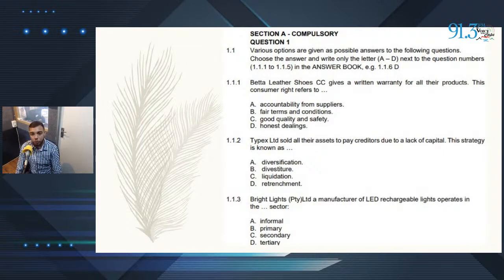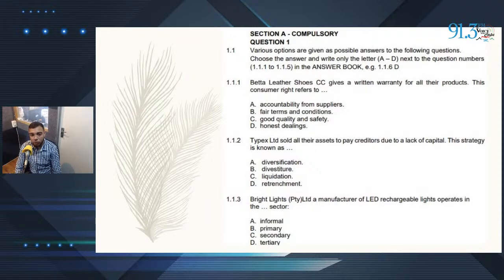So 1.1.2, Typex Ltd sold all the assets to pay creditors due to a lack of capital. This strategy is known as what? So it's the types of strategy. We know that selling all assets is liquidation and selling some assets is divestiture or divestment.